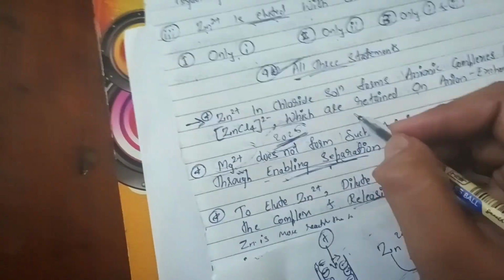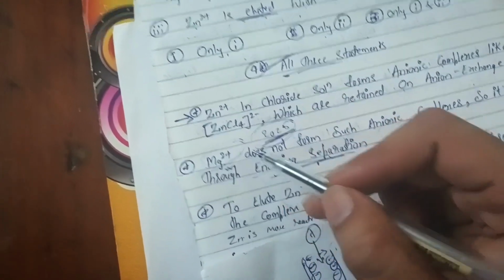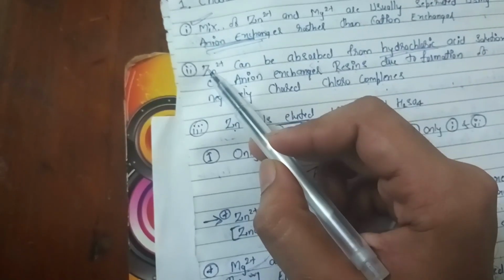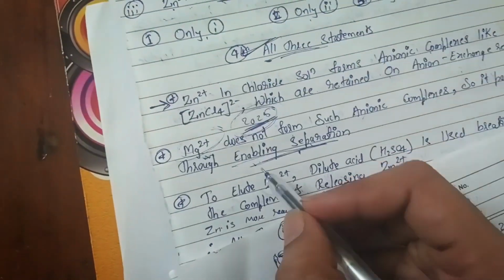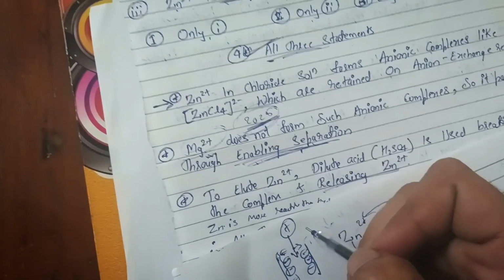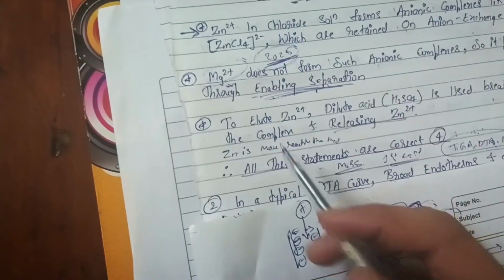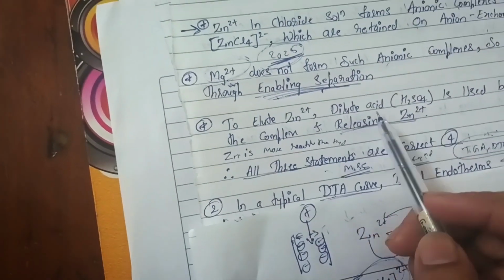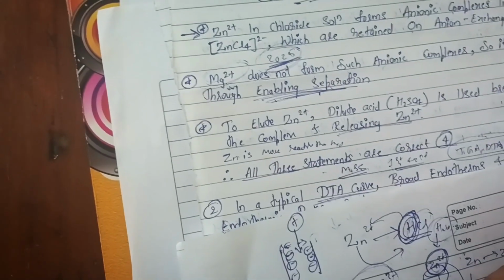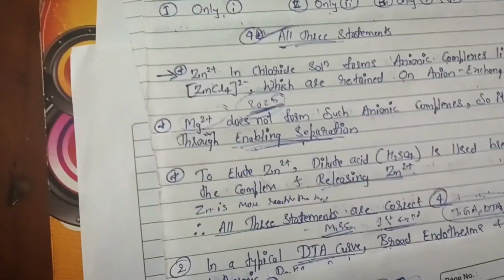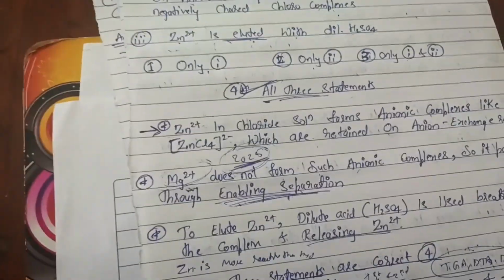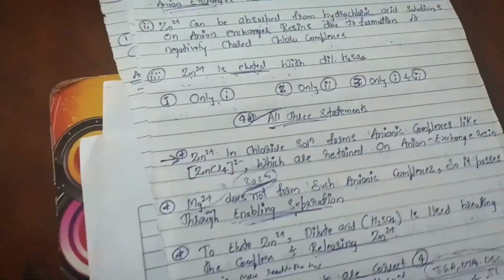Last year Zn2+ was asked, this time they may ask Mg2+, which is separated by enabling suppression. And to elute Zn2+, dilute acid is used because it breaks the complex and releases Zn2+. So all three statements are correct.